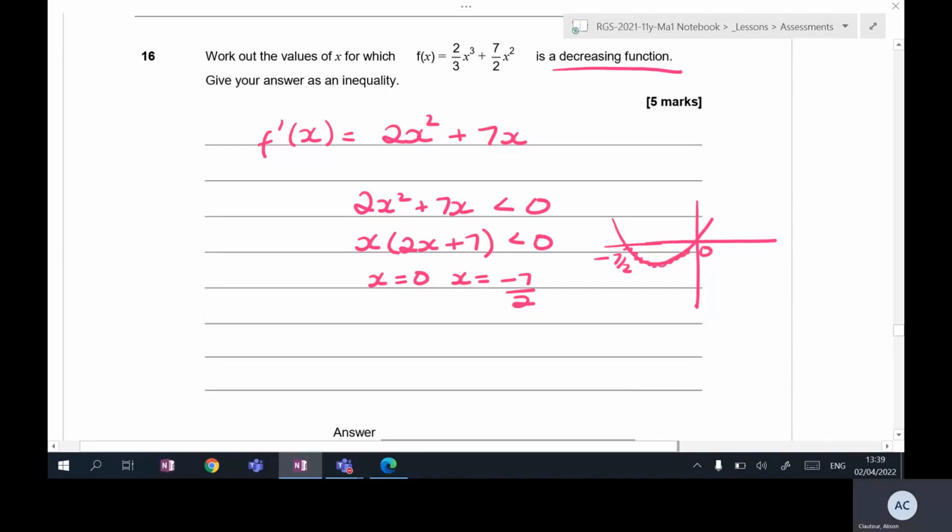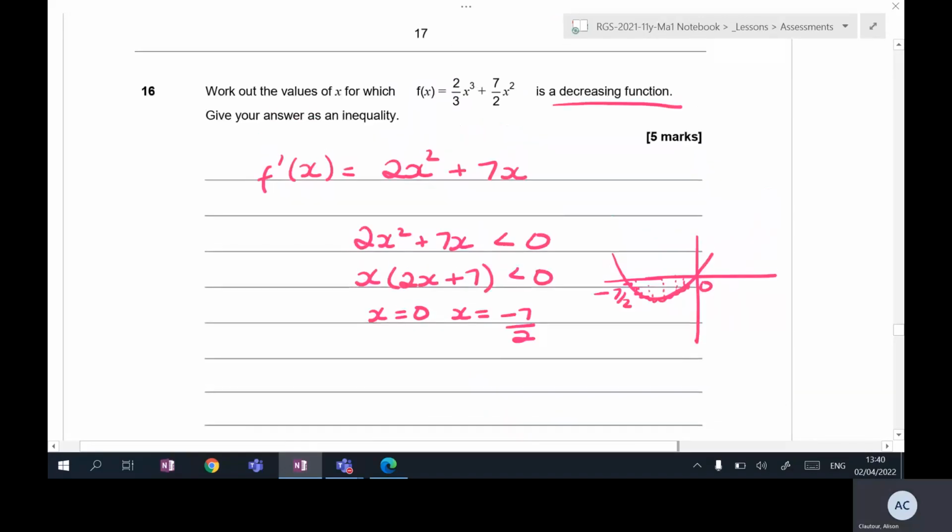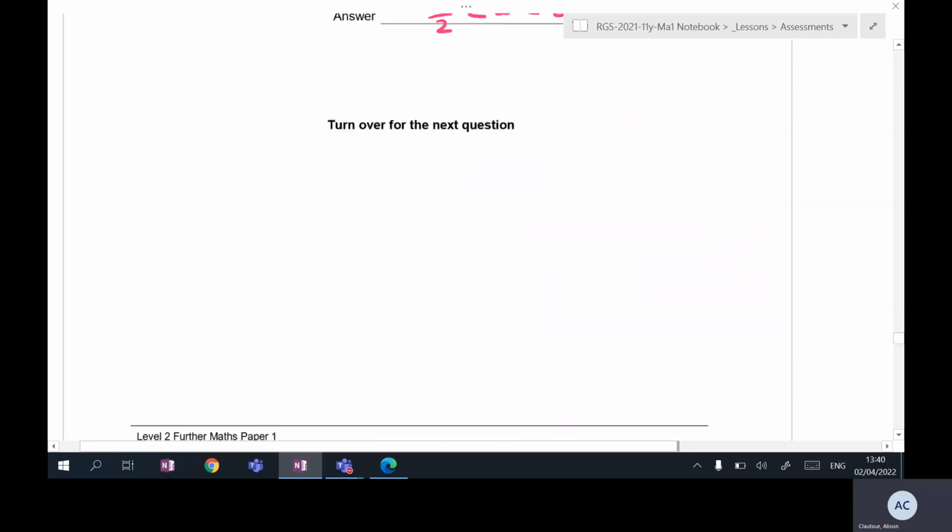So for this part here, if I read off any point on that curve, it would be between 0 and minus 7/2. So that's my values where my graph is a decreasing function. So just remember, decreasing function, basically differentiate and make that less than 0, solve the inequality. Increasing function, obviously the other way around, make it bigger than 0 and solve the inequality.